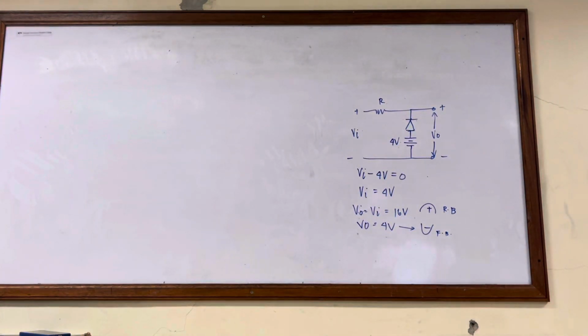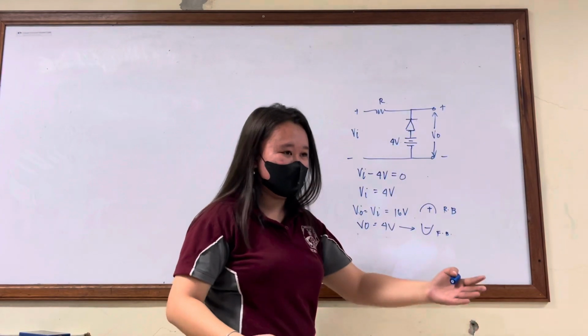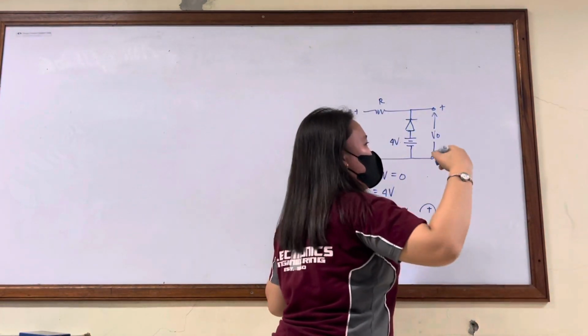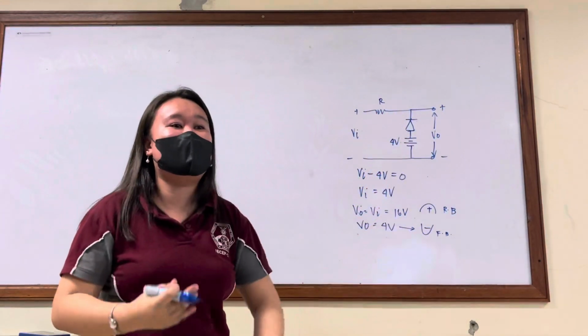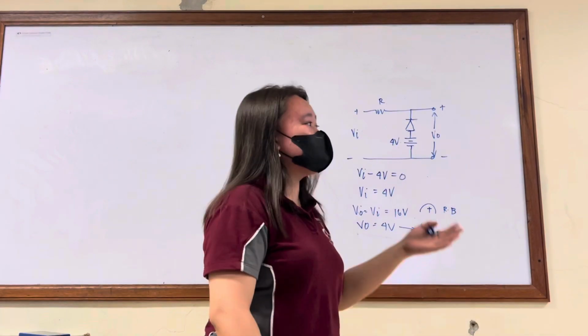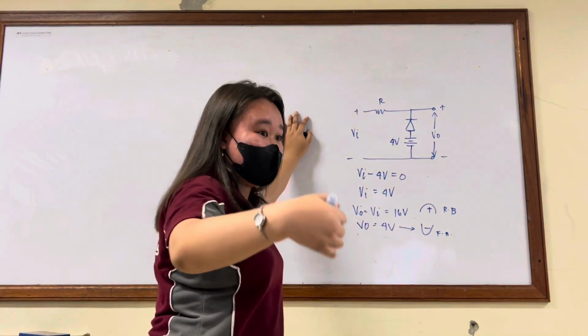This one is forward. Let us first take the condition wherein the diode is conducting. So, which half cycle? Negative half cycle.